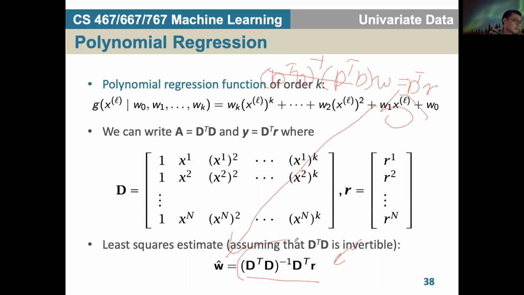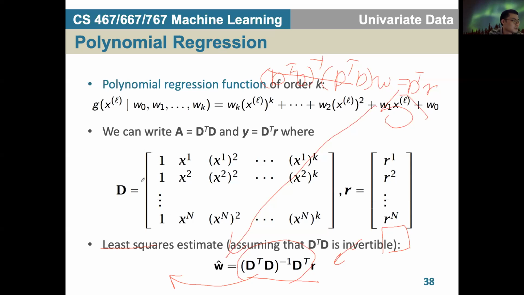And this term here, this term has a name. For least squares, we know that this is called the pseudo inverse of D, right? This is called the pseudo inverse of D. This is like inverse, but when you take inverse, you have to have a square matrix, right? Only a square matrix can take inverse. Pseudo inverse is like inverse, but you don't have a square matrix.